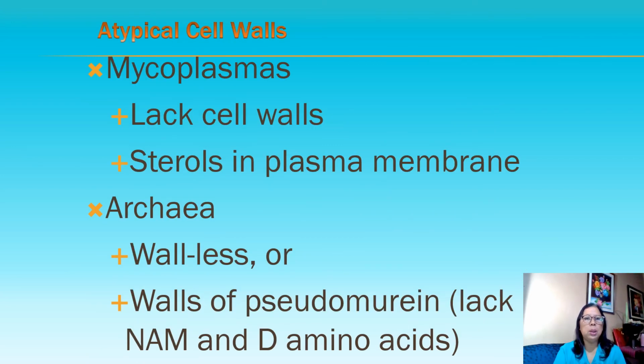Atypical cell walls are found in mycoplasma and also the archaea. Mycoplasmas lack a cell wall. As for the archaea, they are uniquely wall-less. Not only lacking a cell wall, but wall-less.